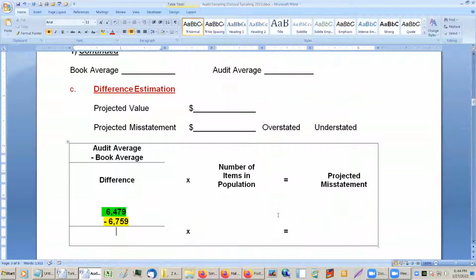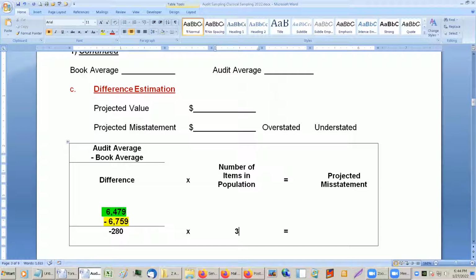Okay, so what we're saying is that for each one of these, there are differences here. This comes out to be negative 280. So here's what they're saying, each item in the total population should have $280 taken off of it.